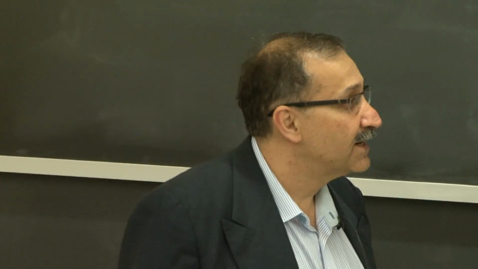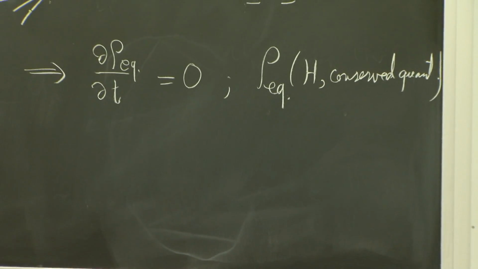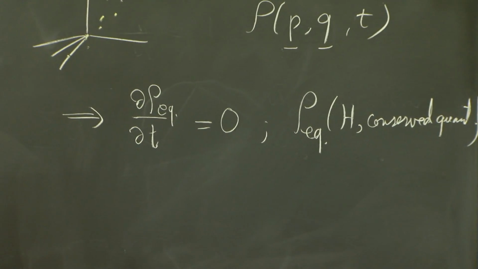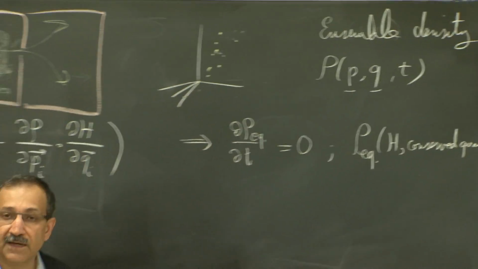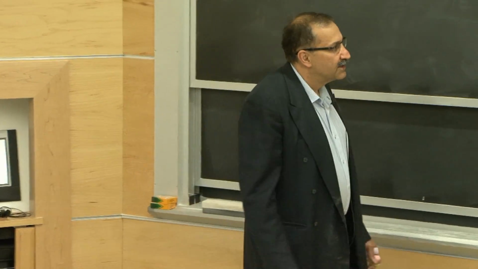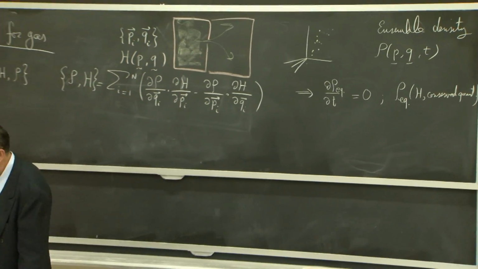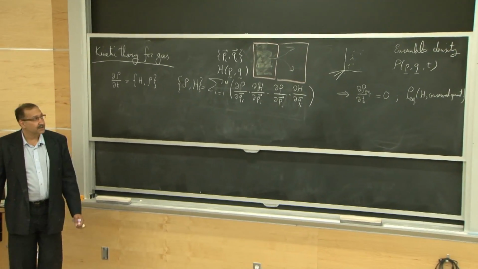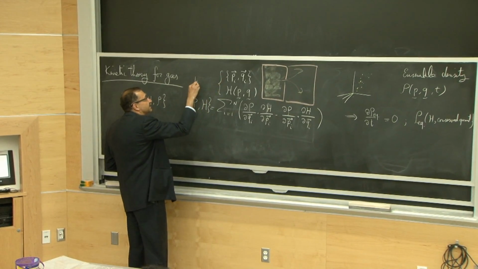And indeed, we will find that in statistical mechanics later on, we are going to rely heavily on these descriptions of equilibrium densities, which are governed by only the Hamiltonian, and if there are any other conserved quantities, typically there are not. So this is the general form that we'll ultimately be using a lot. But we started with a description of evolution of these coordinates in time, which is time reversible.